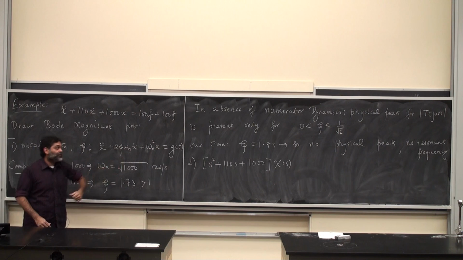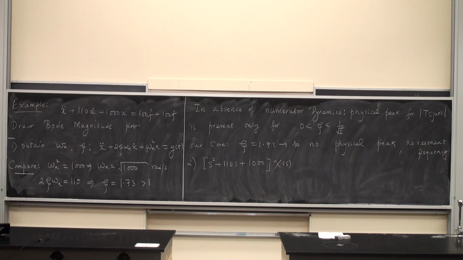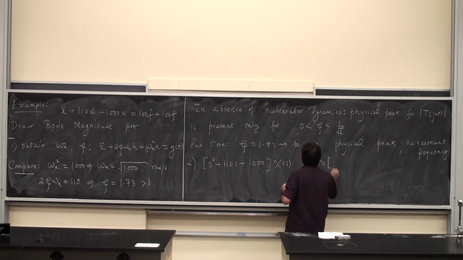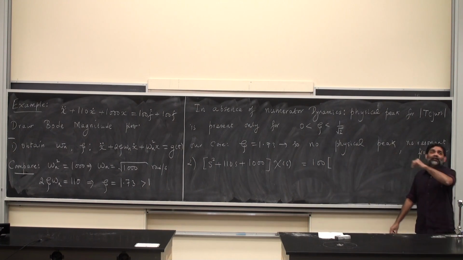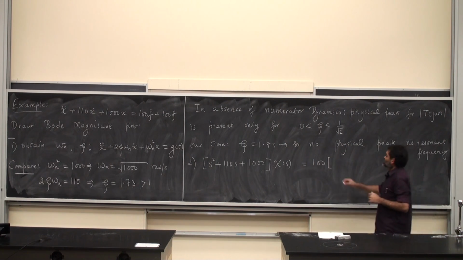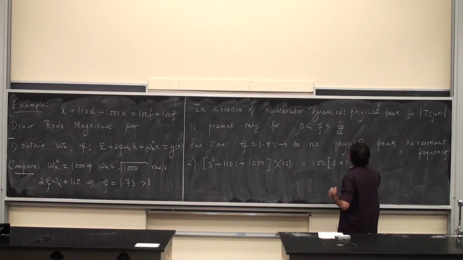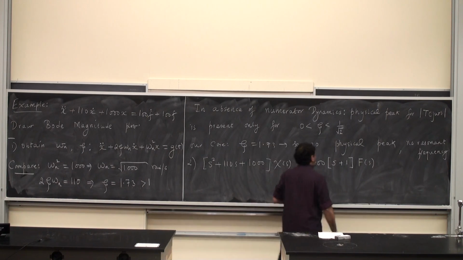X of s is a common factor, take that out. Right hand side, please be careful, there is an f dot present. So this is going to be 100, and 100 is a common factor, so I'm just taking it out there. So this is going to be s plus 1 times f of s. Okay, so take Laplace on both sides.